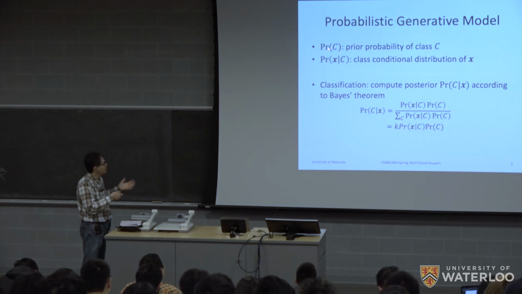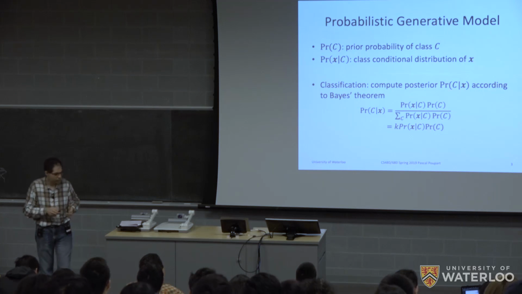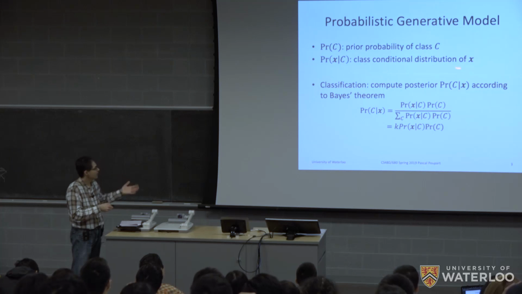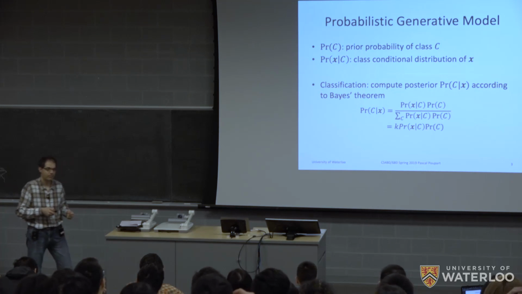I'm going to denote this by the probability of C, so the probability of the class before I look at a data point. And then once I have a data point, I could say, well, what's the probability that if I'm picking a point from a class C, that it would be located at certain locations, then I could have a class conditional distribution that could be used to generate points from that class.